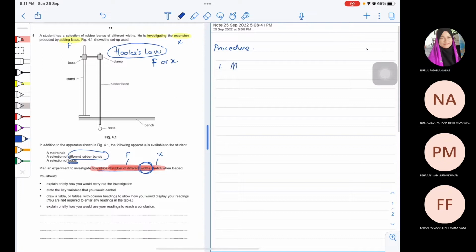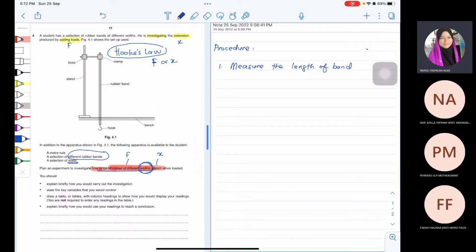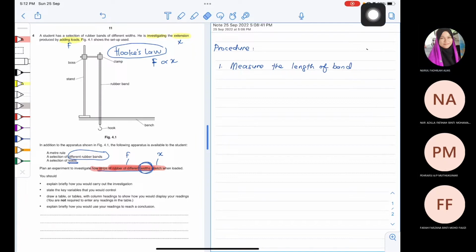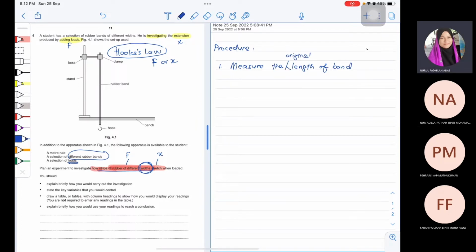Or rather, we measure the original length. Measure the original length of band. Okay, and then number 2, and then procedure, what's next?